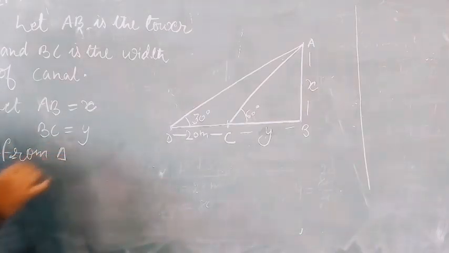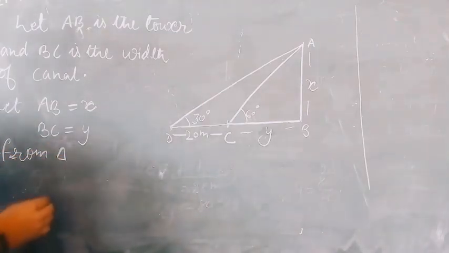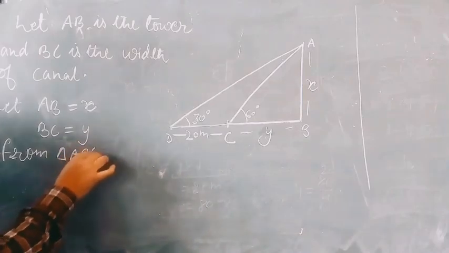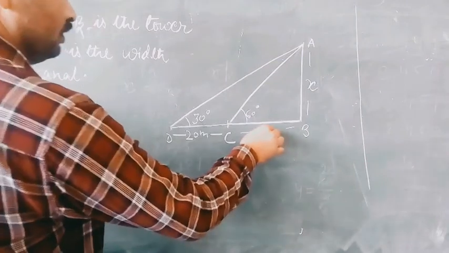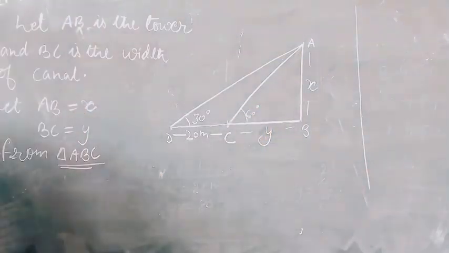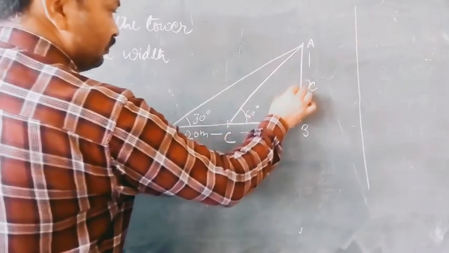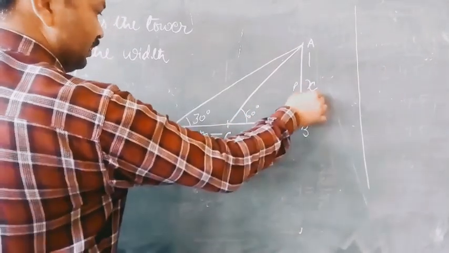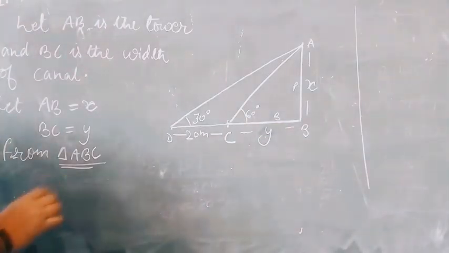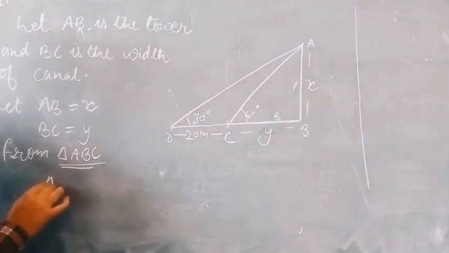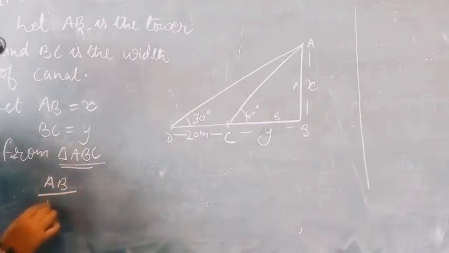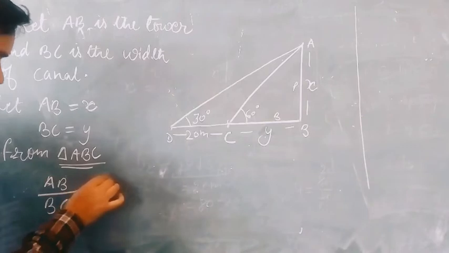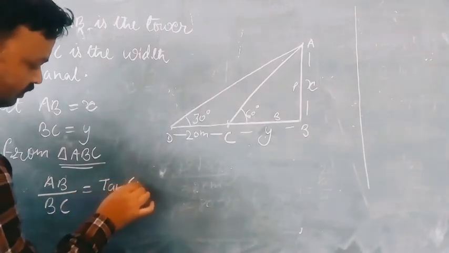Now first of all, see in triangle ABC. We are given these two parts. These are perpendicular and base, and the angle of observation is 60 degree. Now we have to find out their ratio. So AB upon BC will be equals to tan 60 degree.